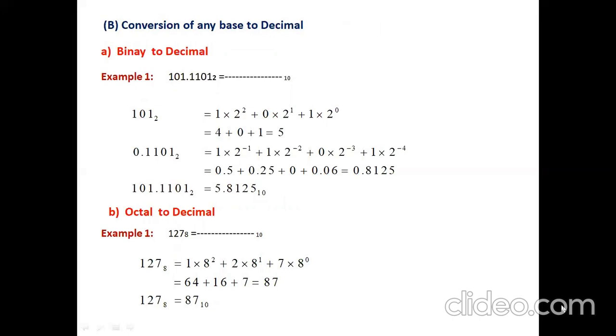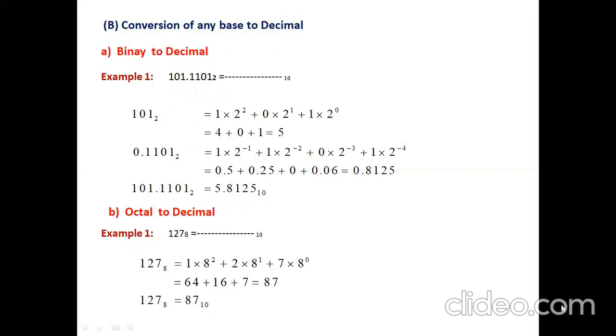For this, if you take 101, the procedure to solve a binary number to base 10: earlier we divided, here we are going to multiply with the powers of 2. We will start from right to left. So we start with 1 into 2 to the power of 0 plus 0 into 2 to the power of 1 plus 1 into 2 to the power of 2.